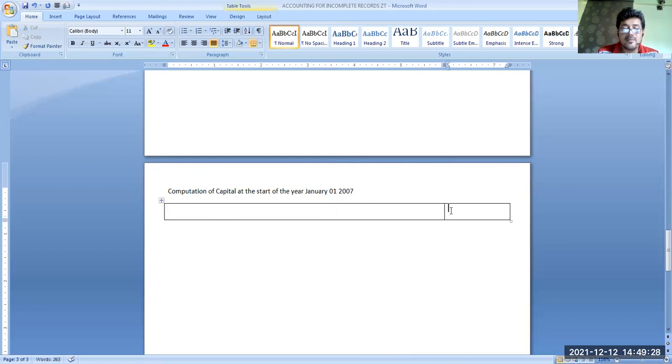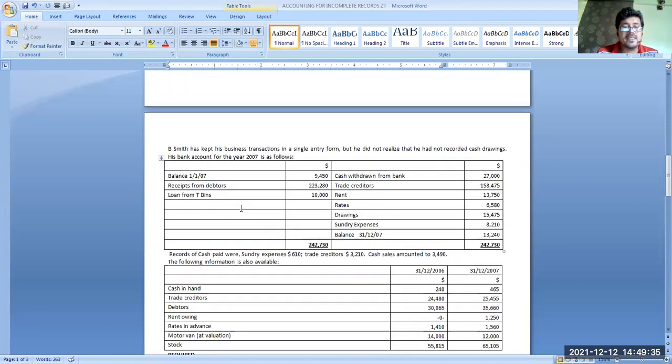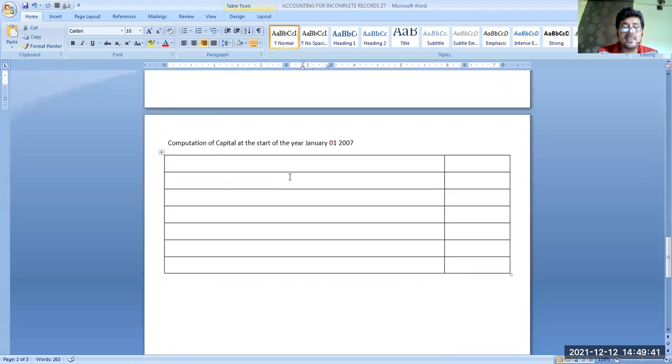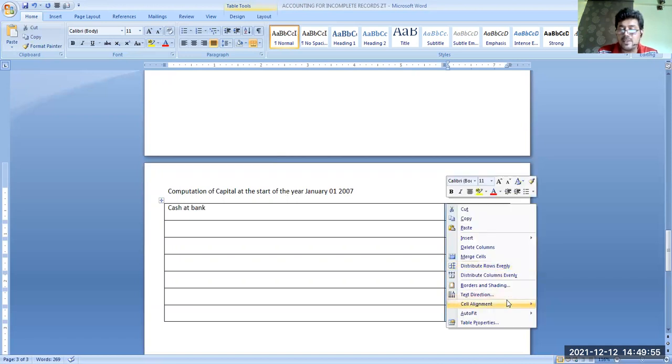Now we'll take all the assets. The first asset is cash at bank, that is $9,450. What I need to do is use cell alignment, so all the figures appear on the right-hand side of the column.